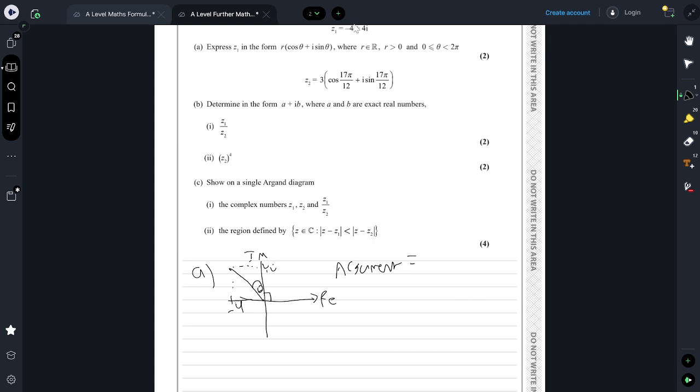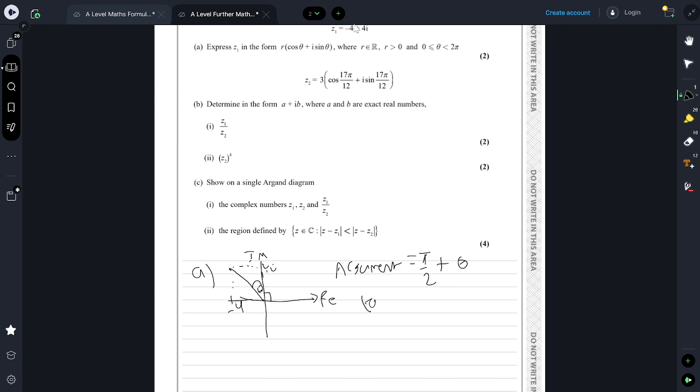So from here, and then we go this way, anti-clockwise. So it's the first 90, so pi over 2, plus theta. And theta is just simple trig, right? This is the opposite, and this is the adjacent here.